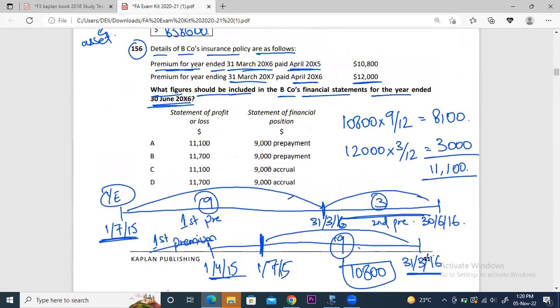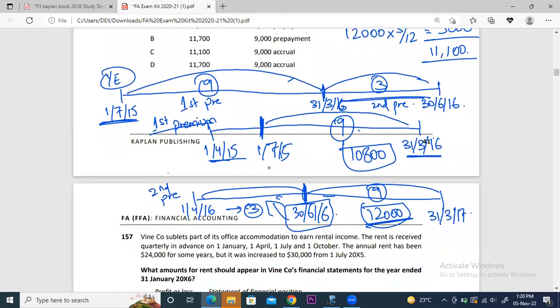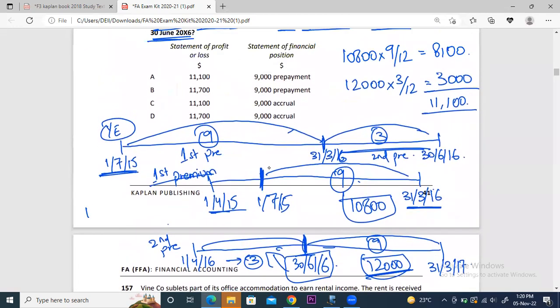Why prepayment? Because second premium was till 31st March 17. He paid it on April 16. So that means one year before he paid it, right? When he started the payments, that means it's a prepayment. One thing is for sure, for first premium and the second premium, for both it was a prepayment, right? So that means this remaining 9 months, which will be 12,000 into 9 by 12, this is 9,000, right?